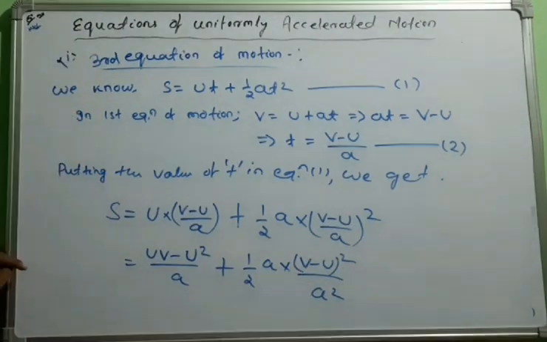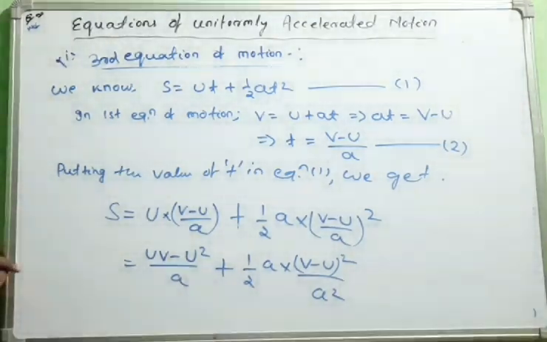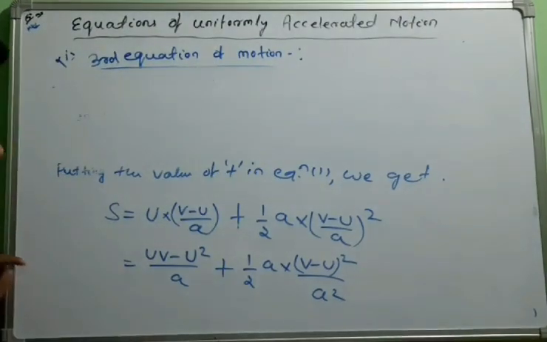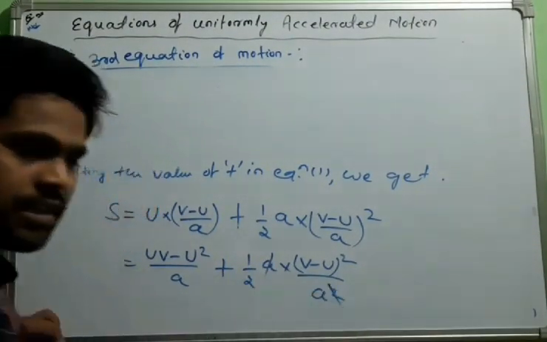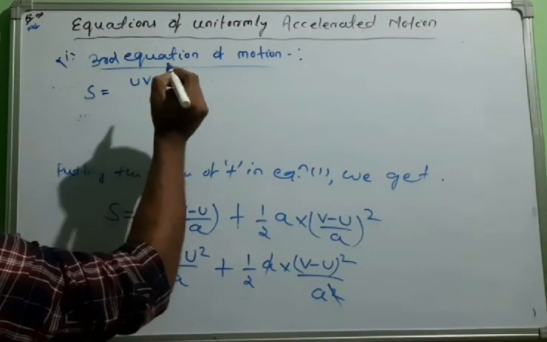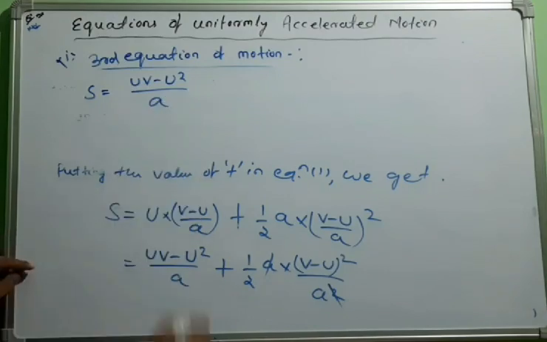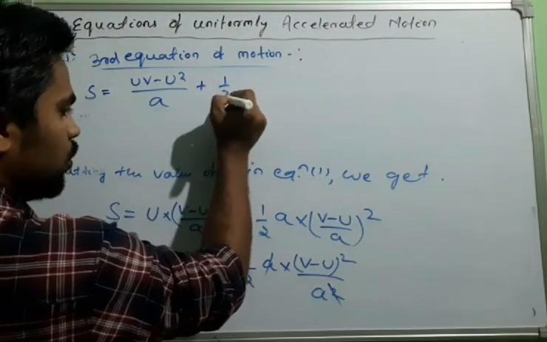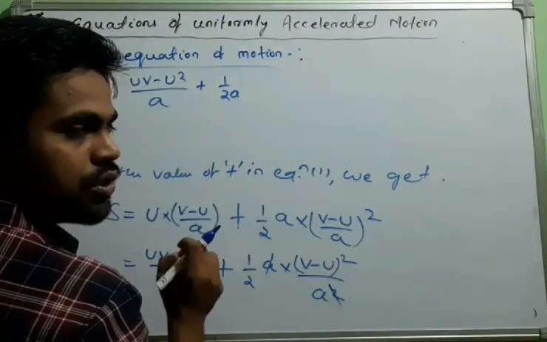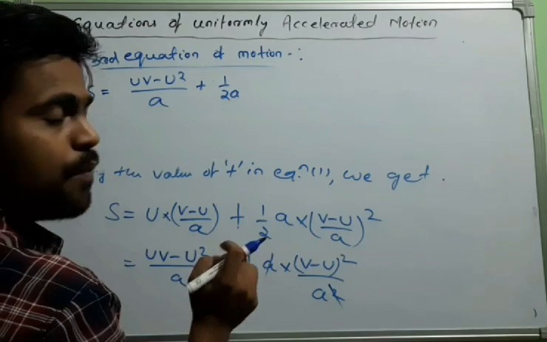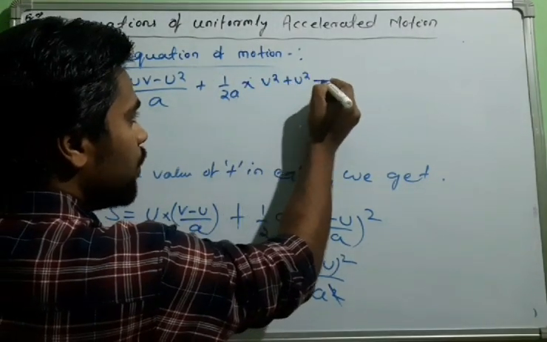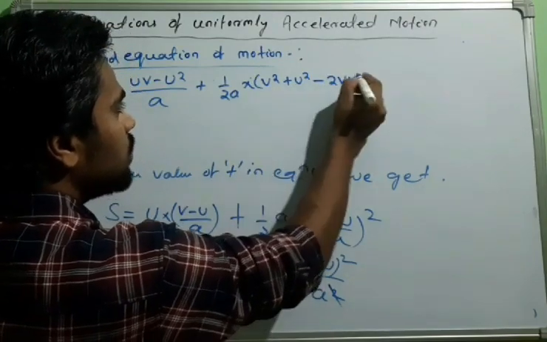Now A cancels here, so S is equal to UV minus U square divided by A plus 1 by 2A, V minus U whole square, which is A minus B whole square, A square plus B square minus 2AB, so V square plus U square minus 2VU. Clear or not?